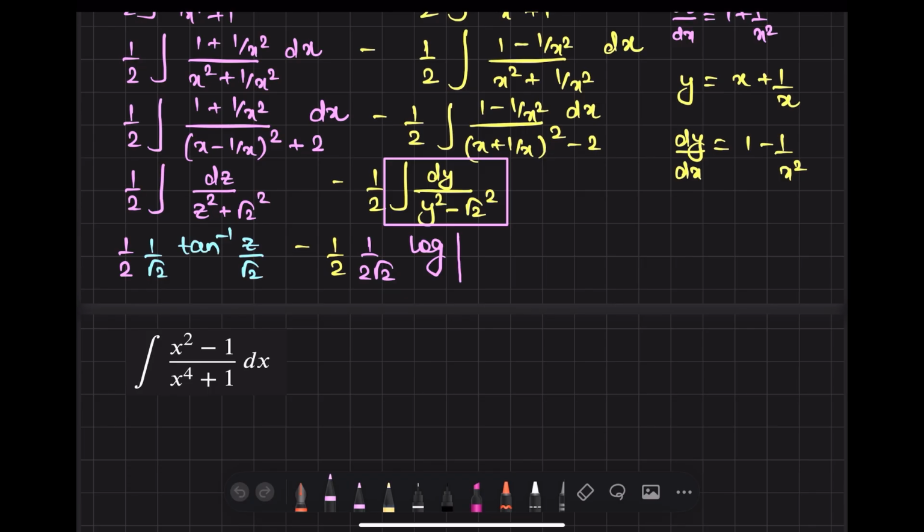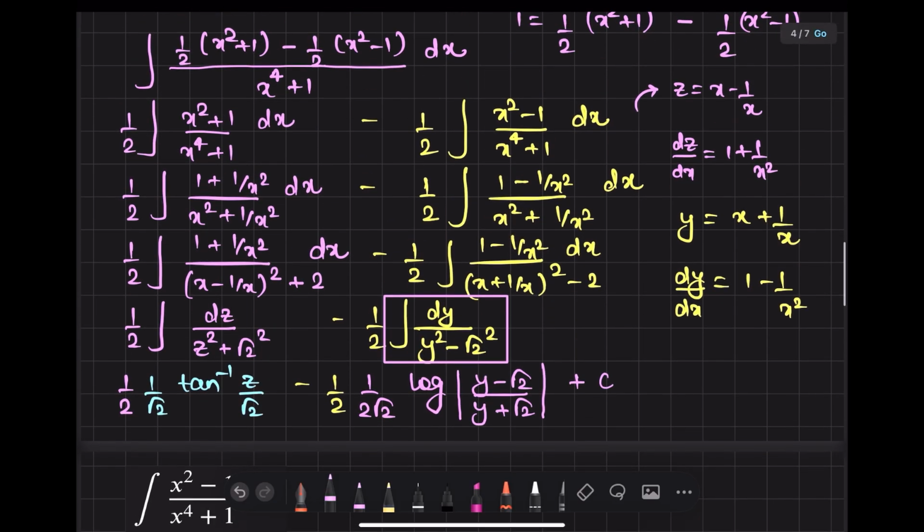So you will be writing y minus root 2 by y plus root 2 mod, complete the integration with constant c. Now just replace z with x minus 1 by x and y with x plus 1 by x. You will get your answer done.